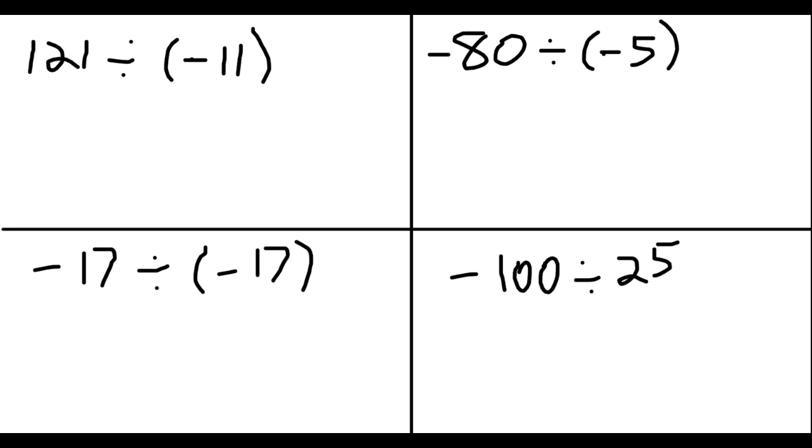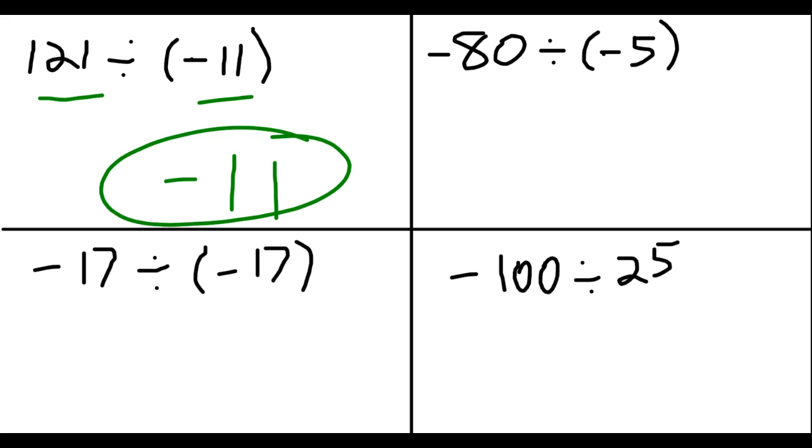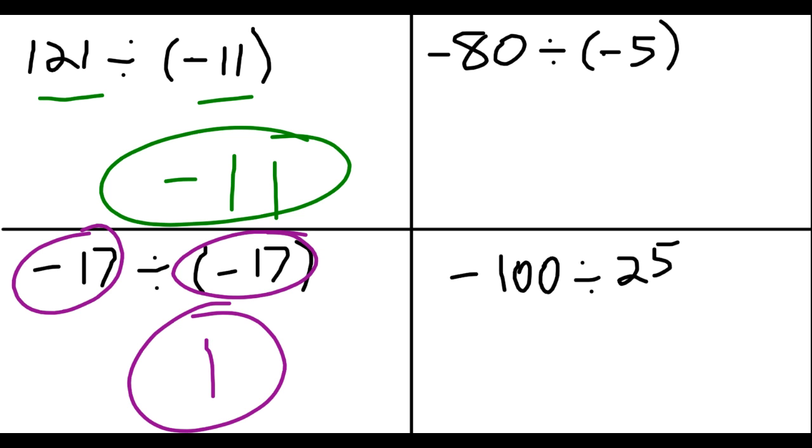So in the upper left-hand corner, 121 divided by 11 is 11, but it's a positive divided by a negative. Those are different signs, so the answer is negative. In the bottom left, we have a number divided by itself, which is 1. A negative divided by a negative is a positive. 17 divided by 17 is 1, and so negative 17 divided by itself, negative 17, should also be a positive 1.